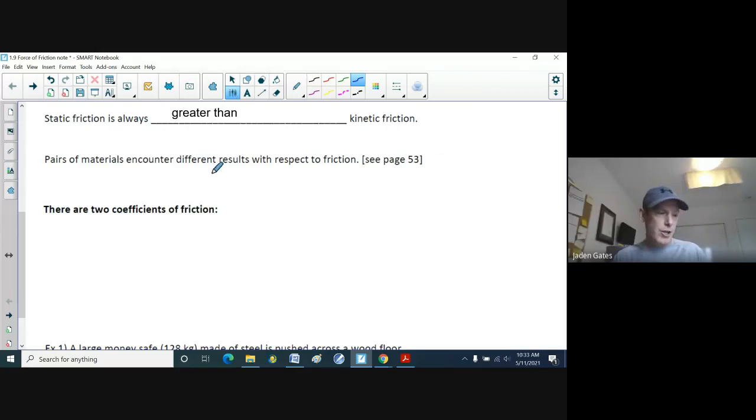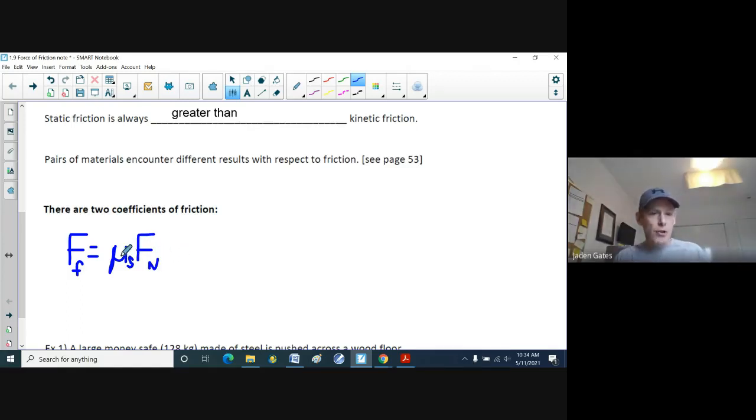Essentially we've got two formulas, they just look a little bit different. Your force of friction is equal to mu s, a weird little letter, again a Greek letter, mu s, times our normal force.